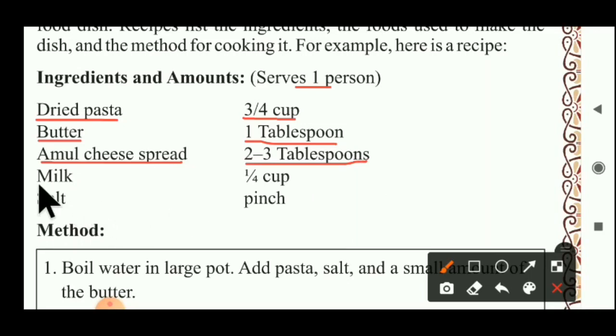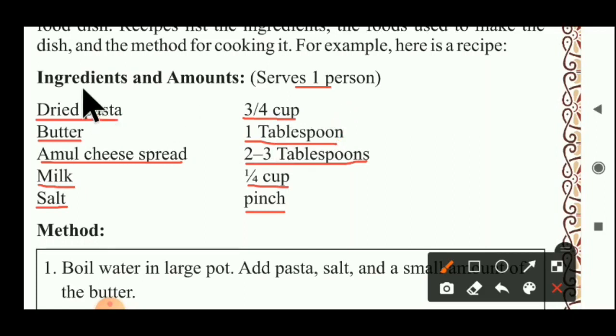Next thing we require to make pasta is milk, 1/4 cup. Milk, 1/4 cup. Then salt, a pinch, means chapti bhar meethu. Can you understand? So here all the things are given to make a pasta dish for only one person.